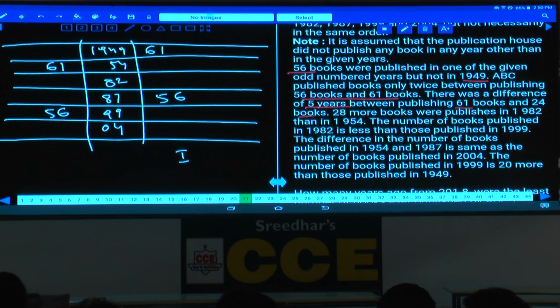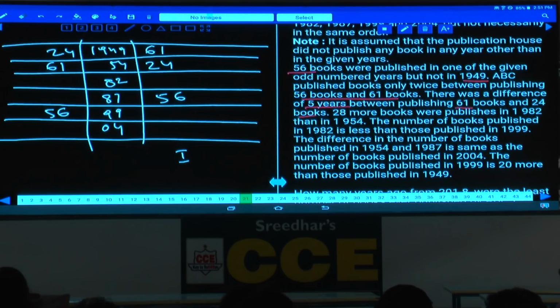As a 5 year difference is there, now as 61 is in 1949, then the next one will be 1954. What is the number of books? 24. 24 will be in 1954, isn't it? Again, 61 and 24 can be in 1949 or 1954, because the difference between these 2 is 5. The order is not specified.